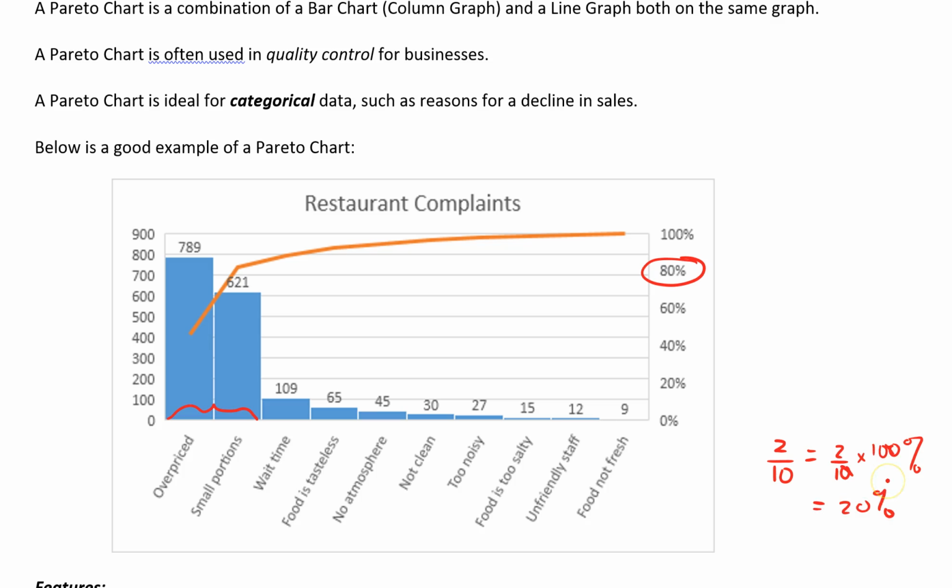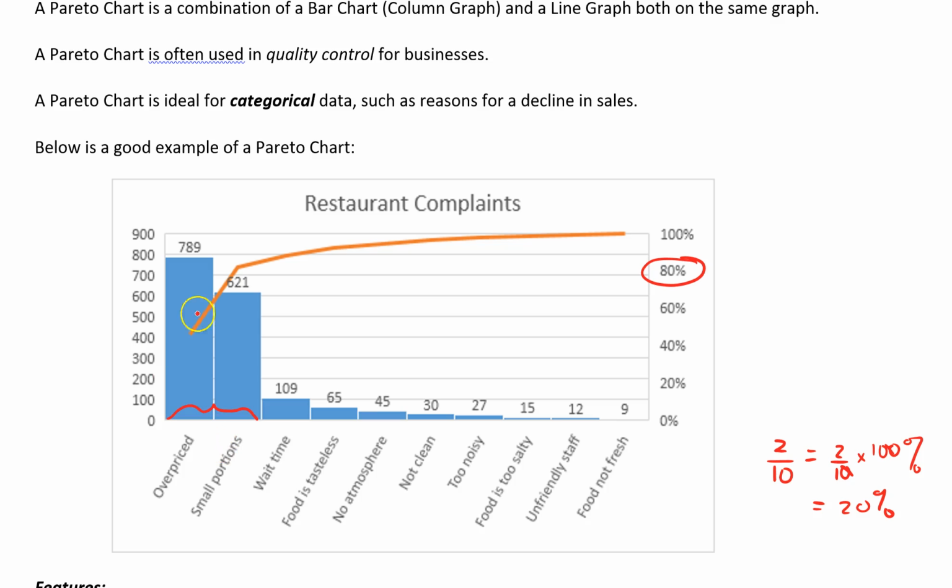So you can see here, 80% of the total people surveyed put their complaints into 20% of the areas of complaint.